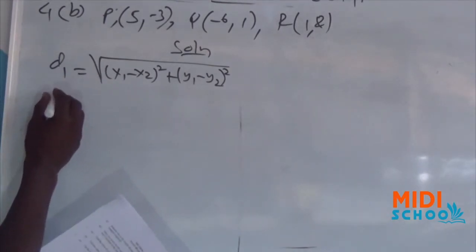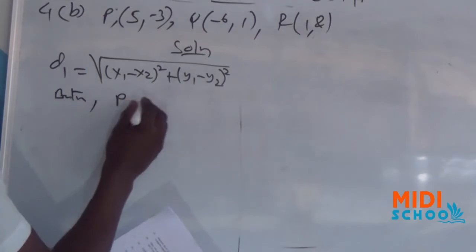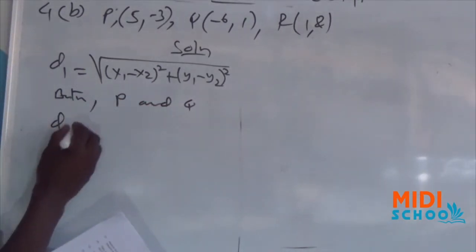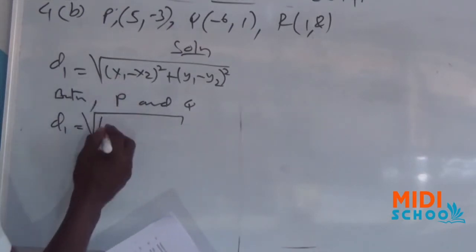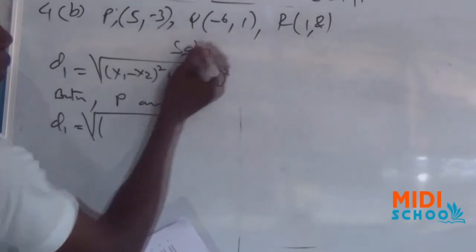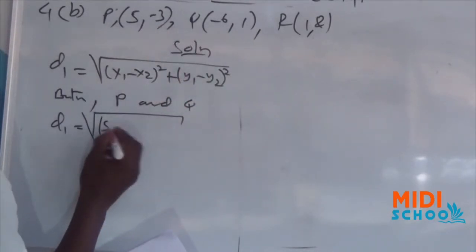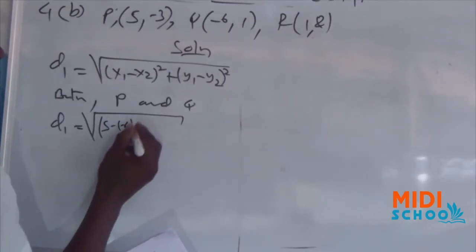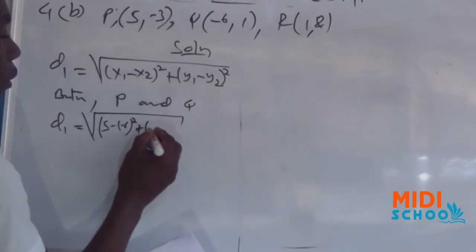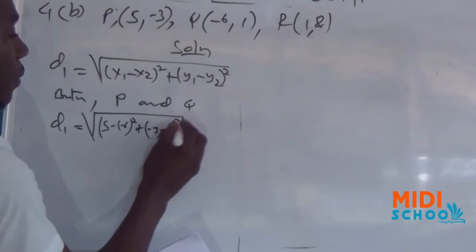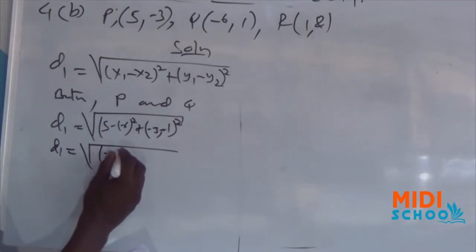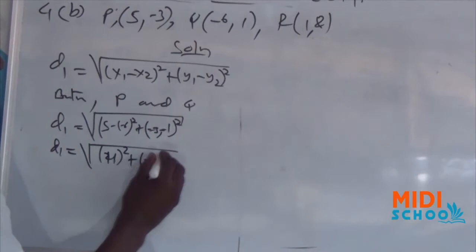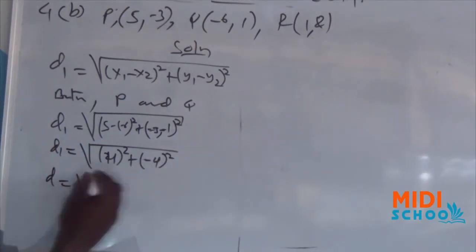First let's check it between point P and Q. Taking that as D1, we have the square root of (5 minus -6) squared plus (-3 minus 1) squared. So D1 is equal to the square root of 11 squared plus -4 squared.